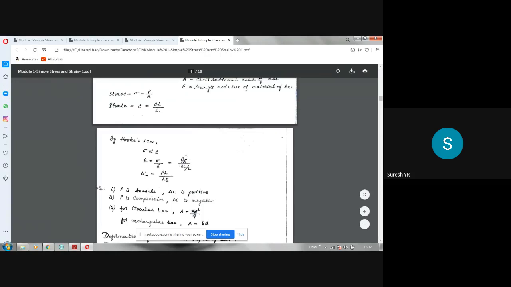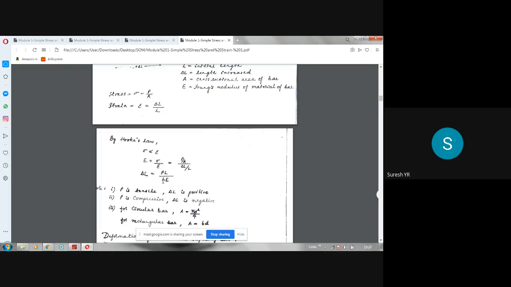So sigma is P by A divided by epsilon, delta L by L. If you cross multiply and rearrange the terms, you will get a very simple formula, PL by AE. So delta L is equal to PL by AE, the formula used to find the elongation or contraction of a prismatic bar or uniform bar of the same cross section throughout.